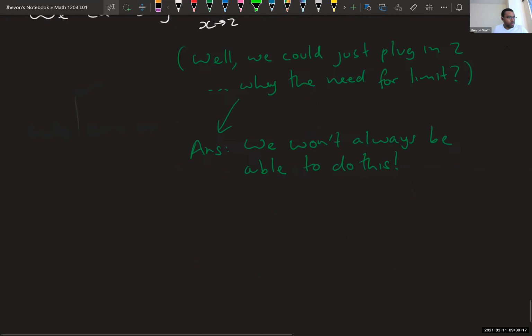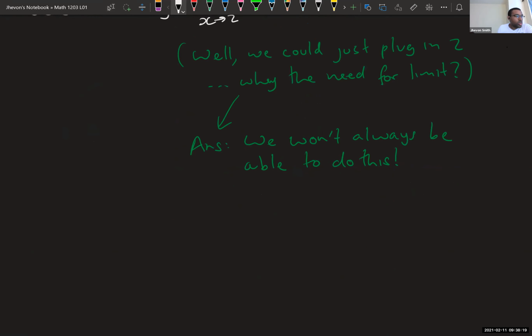Here's an example. I'm not talking about 2 specifically, but just to kind of keep things together, I want to give you another example with 2, I guess. What is the limit as x approaches 2 of this function?